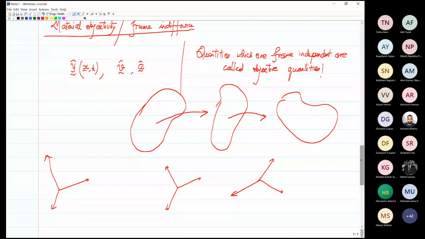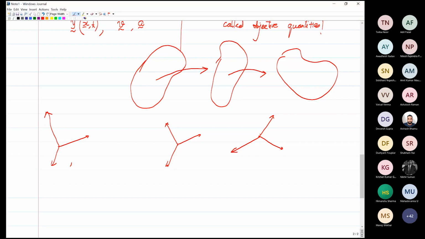So frame 1, frame 2, frame 3, and with respect to each of the frames, when you measure physical quantities like velocity, acceleration, they will come out to be different, but temperature should come out to be the same, right? Or density should always come out to be the same. And there can be many more quantities which will come out to be the same.